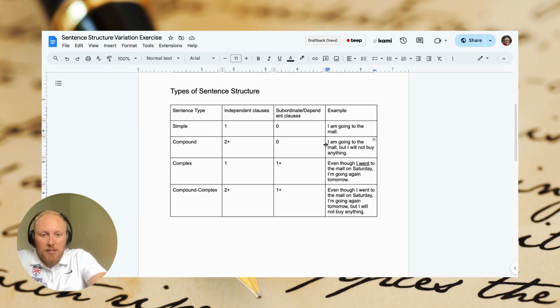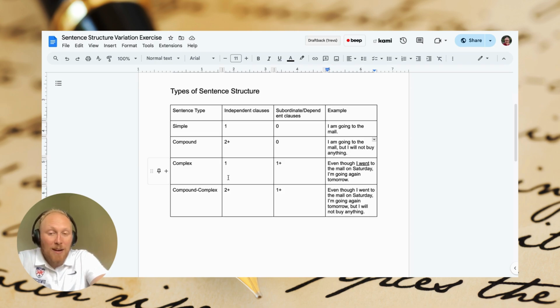So you can see the example here. I'm going to the mall, but I will not buy anything. Again, the word but here is what we refer to as a coordinating conjunction. This would be an independent clause. This would be an independent clause. And then this combines them. All right, so two or more independent clauses, still no subordinate or dependent clauses for it to be considered compound.